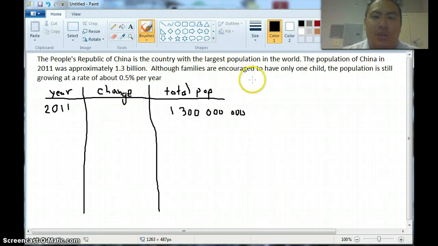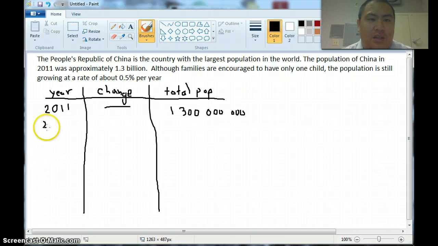Although families are encouraged to have only one child, the population is still growing at about a rate of 0.5% per year. Okay, so obviously in 2011 there should be no change, right? They told us the population in 2011 was 1,300,000,000. Okay, so we want to find the next year and 4 more years after that. Okay, and that's for A. Estimate the population of China for each of the next 5 years and record your estimates in a data table.